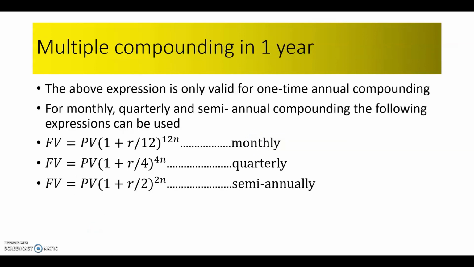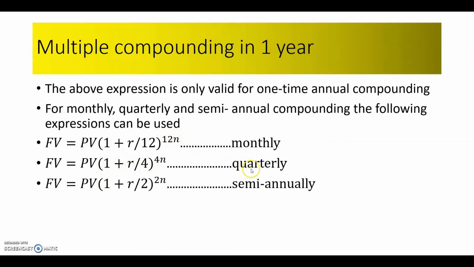Now, let's look at multiple compounding. If you're talking about multiple compounding, that is in a year, so we are saying it's only 1 year and then you compound several times within that particular year. The formulas are different. If you are compounding monthly, the rate is divided by 12, and then it has to be 12n, so you multiply the n by 12.